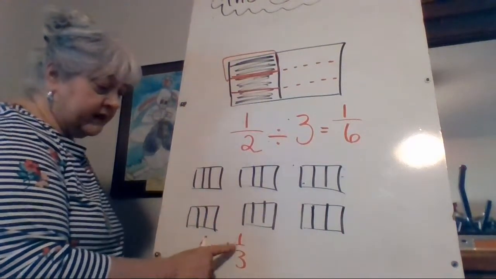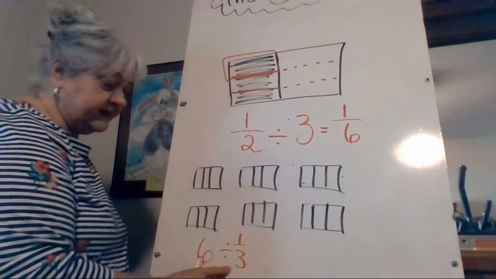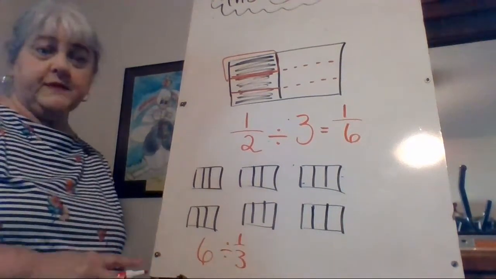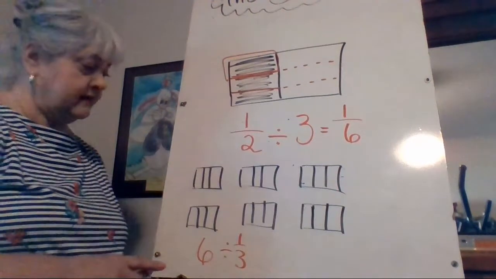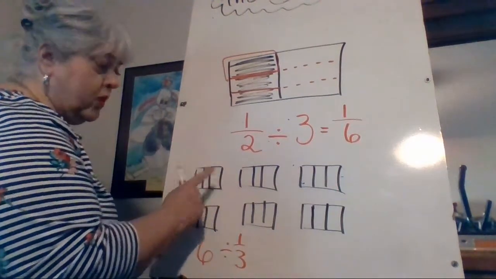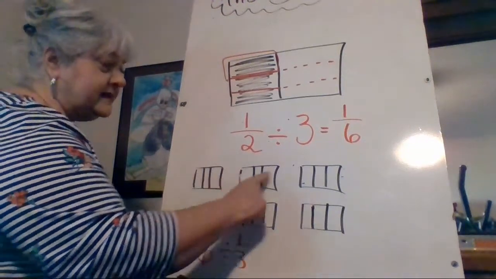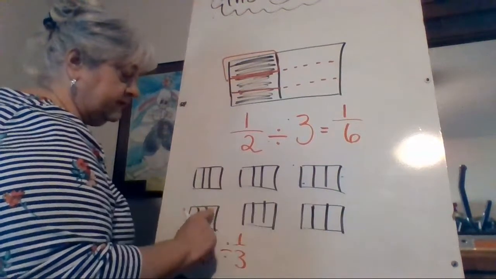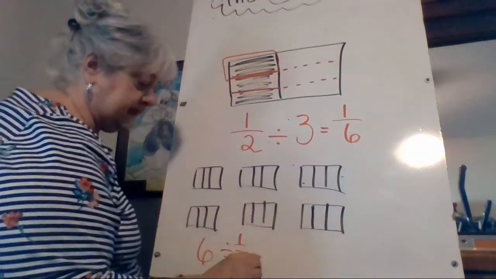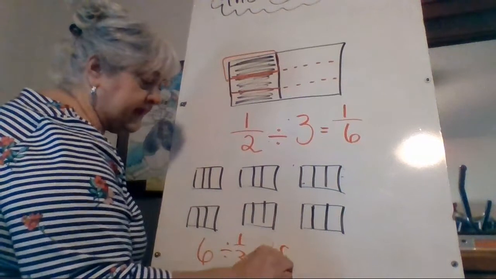Well, I know because this is a unit fraction and I have 6 and 3, my answer is either going to be 18 or it's going to be 1/18. So what I'm trying to find out is how many pieces was I able to make? 1, 2, 3, 4, 5, 6, 7, 8, 9, 10, 11, 12, 13, 14, 15, 16, 17, 18, and my answer is 18.